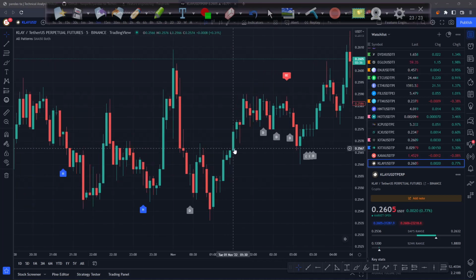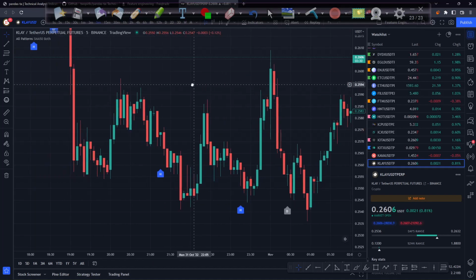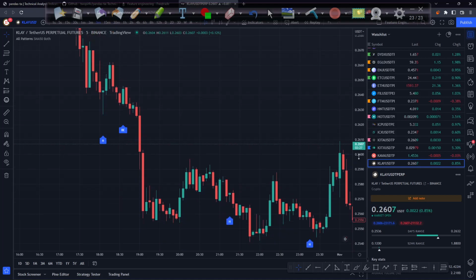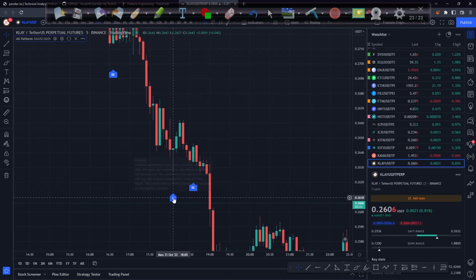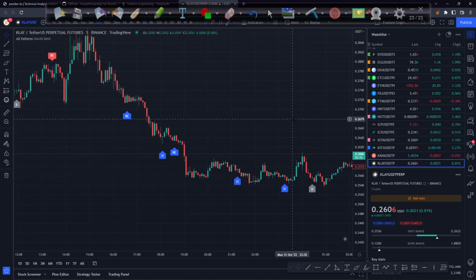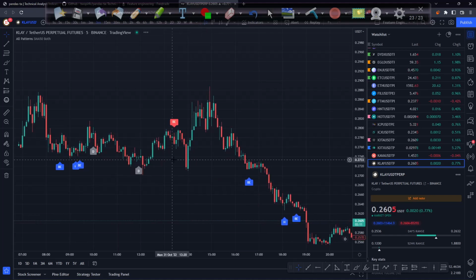So this is a hammer candlestick. Now this is also a hammer, again a bullish engulfing. Now we have this hammer again, so I think this should make sense now.